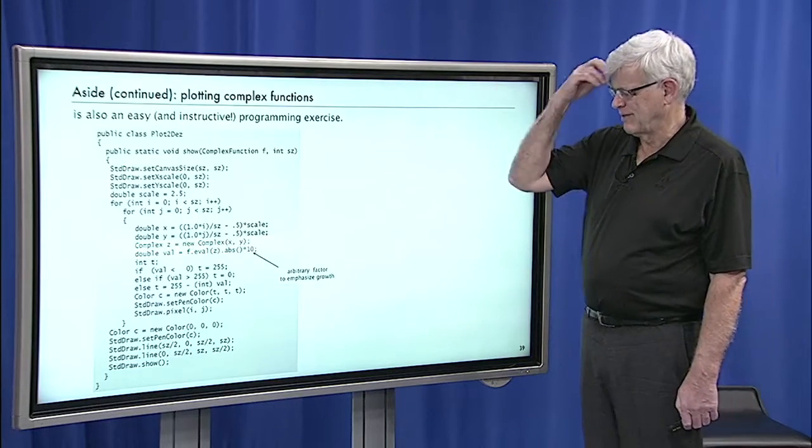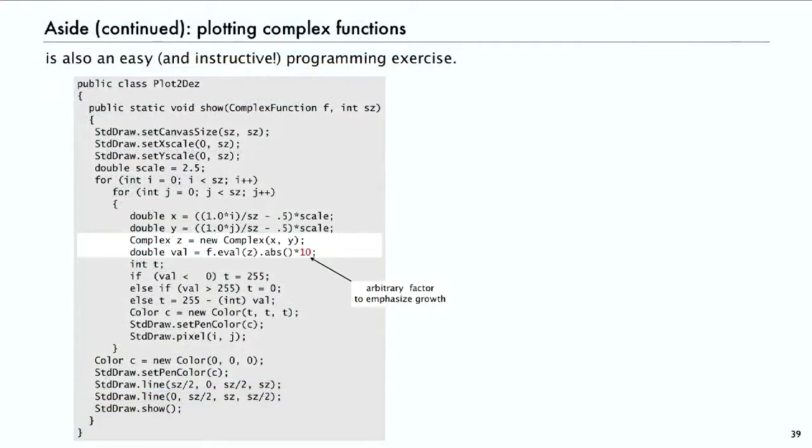That's an arbitrary factor. And then we're going to convert that to a number between 0 and 255 to get the grayscale, and then we'll set the color of the pixel, and we'll do that for every one of the 512 by 512 pixels, or whatever size that we set it to.